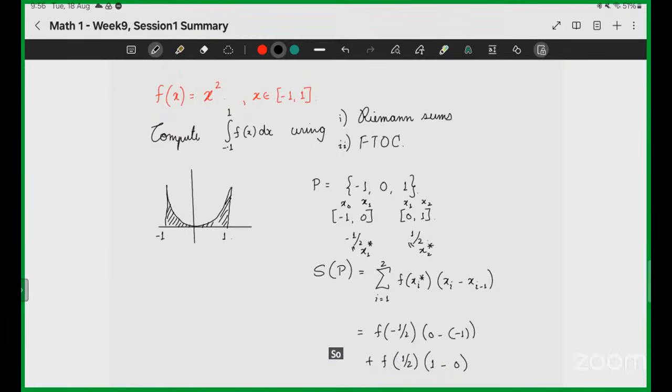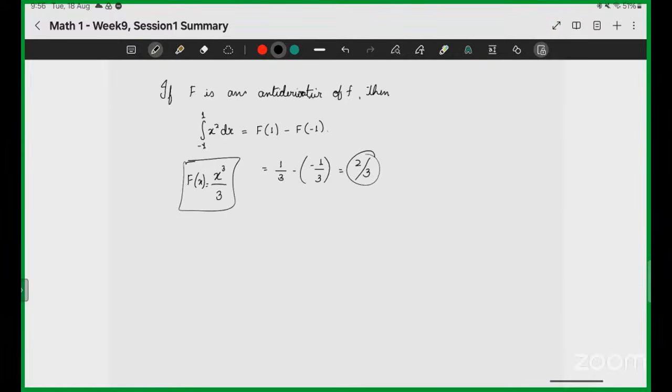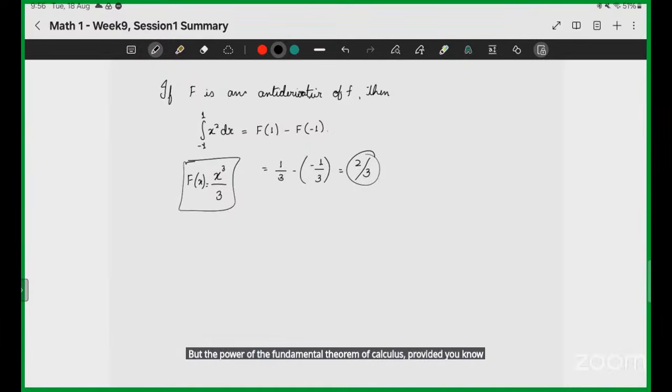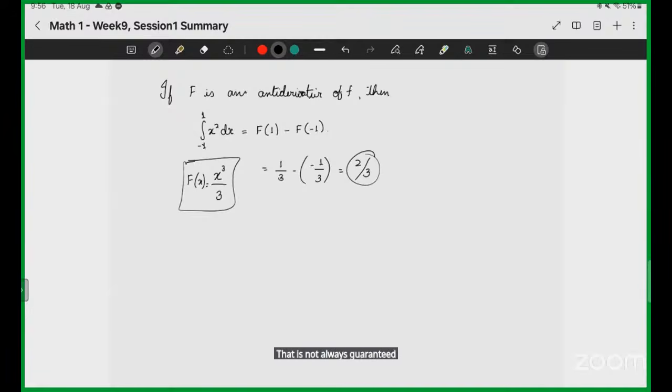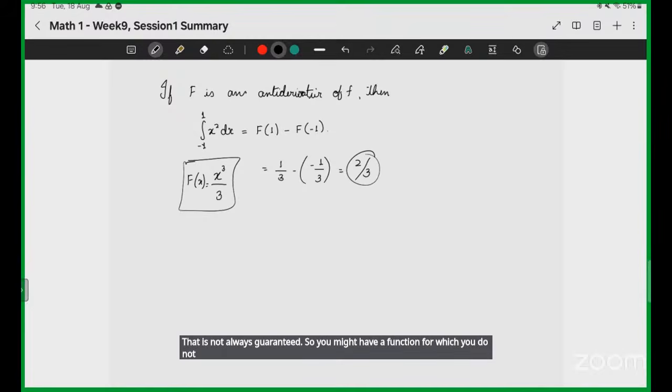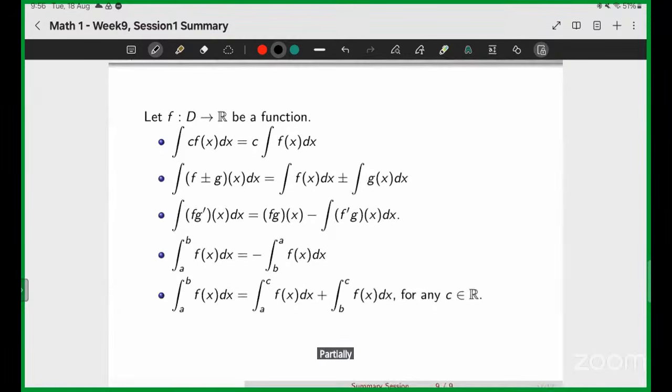So even if you do the equal partition of the interval, this is a very tedious process.